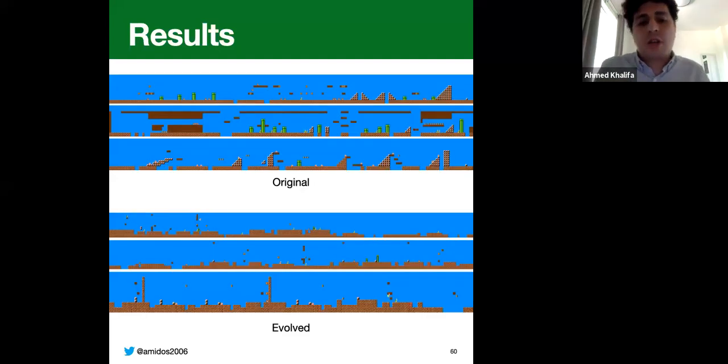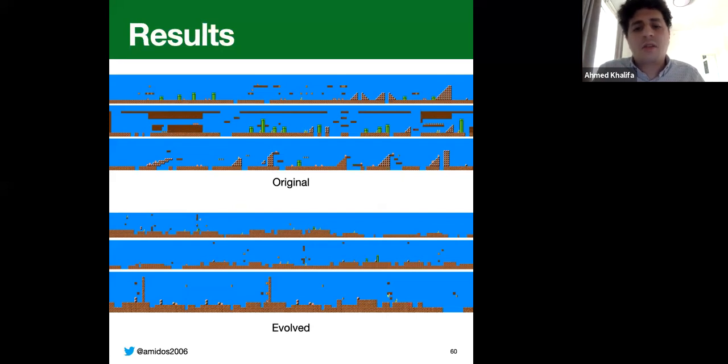So we decided to look at these generated levels and the original levels. If you look at the original levels, they look very diverse. You have tubes you jump over, groups of enemies, blocks and interesting structures. On the other hand, our evolved ones looked pretty weird, going up and down, having a lot of gaps, long tall walls, and enemies in weird places, never grouped together.